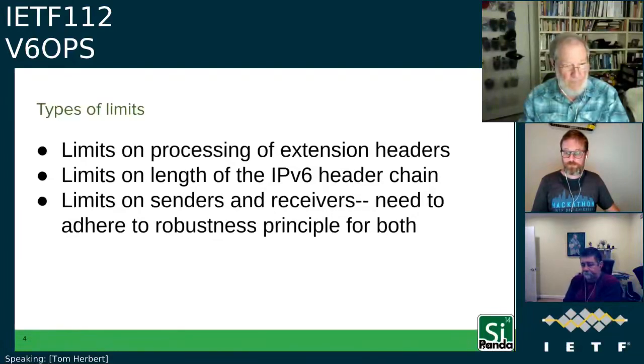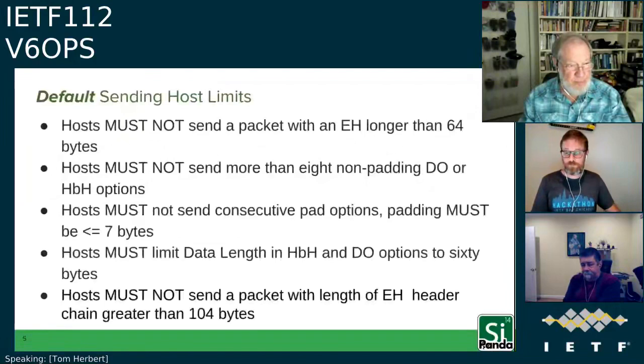Limits also apply both to senders and receivers, but we do want to adhere to the canonical robustness principle: be conservative in what you send, liberal in what you receive. So the way we design the draft is default sending limits.